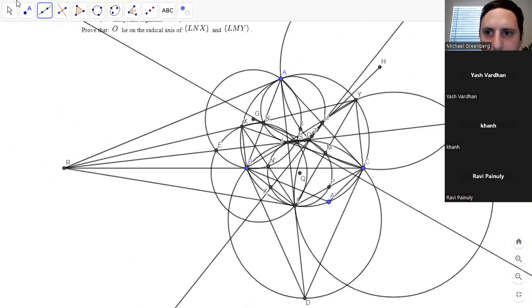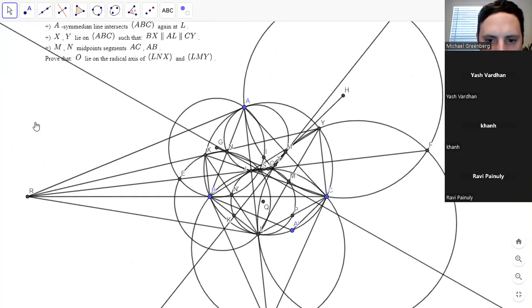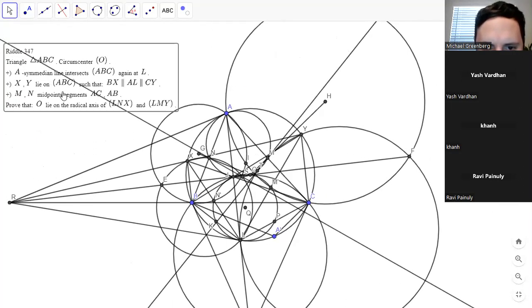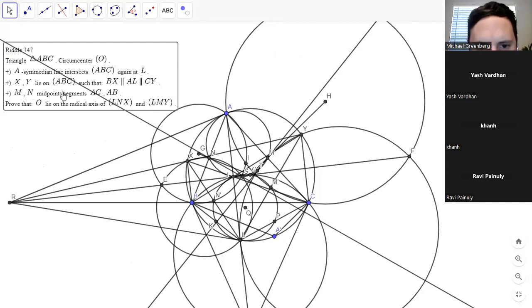And then, so A and I would be collinear with that point, right? They should be.